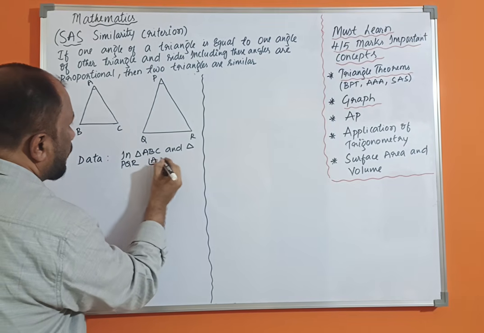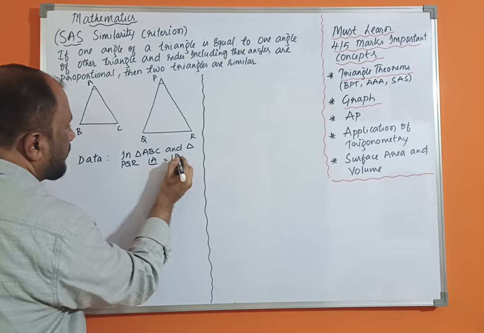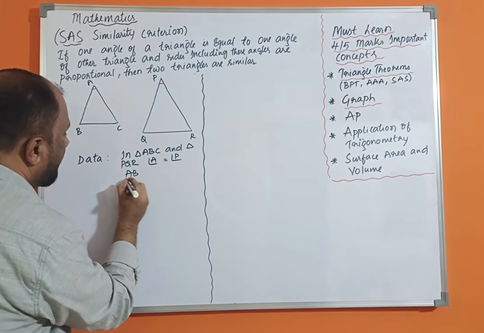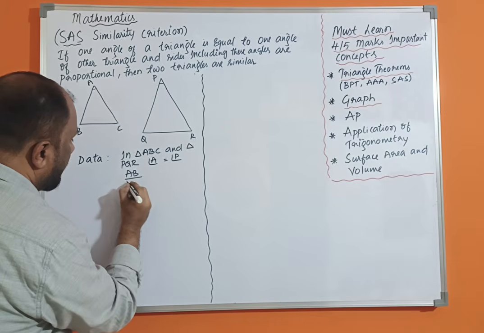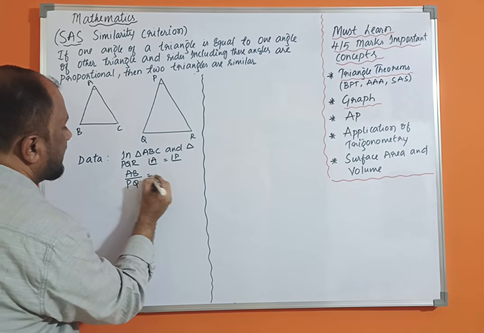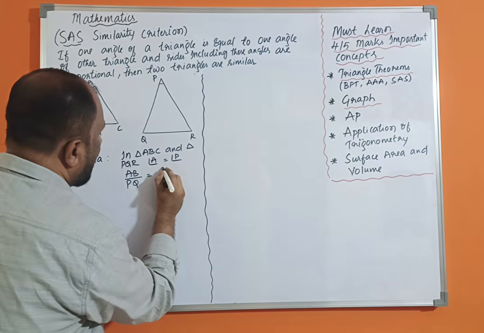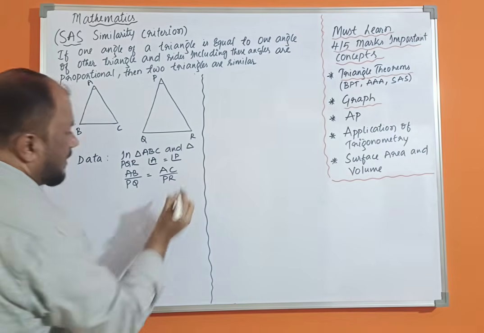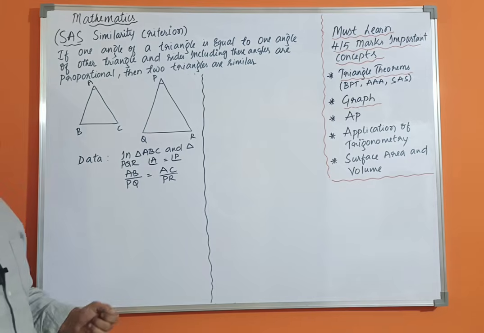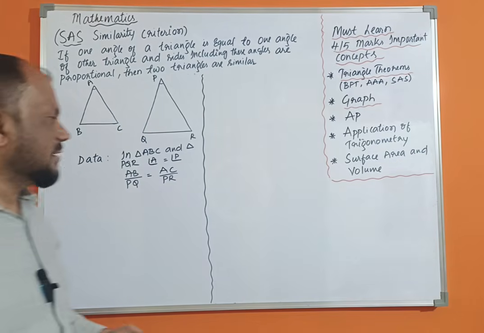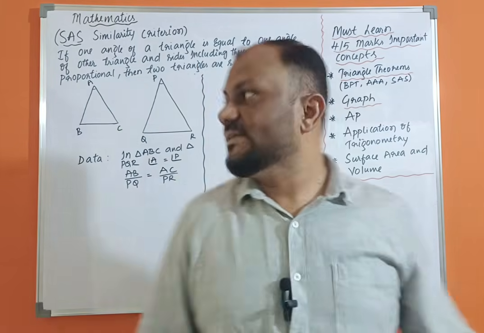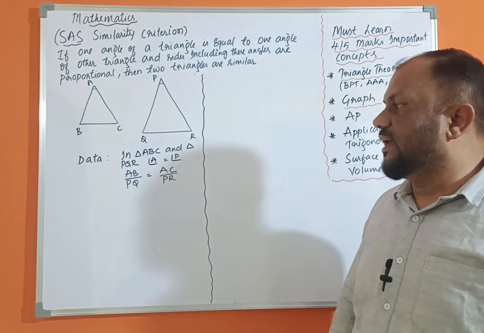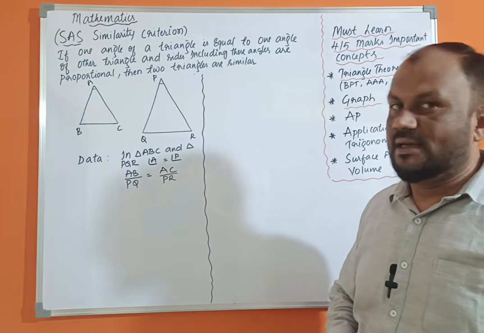Angle A is equal to angle P. Then the sides including this angle: AB divided by PQ is equal to AC divided by PR. So we have two triangles, one is ABC and the other is PQR. In that, angle A is equal to angle P, then AB by PQ is equal to AC by PR. These are in the same ratio.